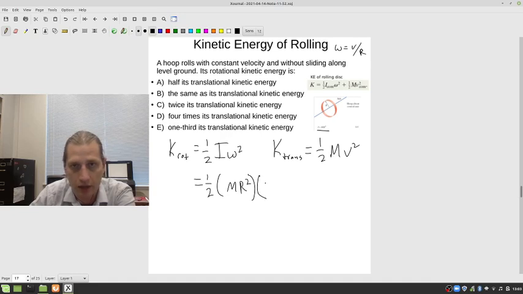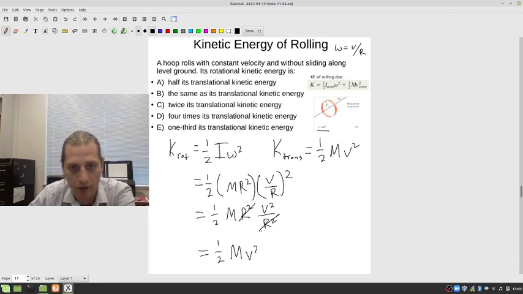So I'm going to put that in, v over r, and we're going to square that. So this is 1/2 mr squared v squared over r squared. Notice that this r squared cancels out with that r squared, and for this particular case, this would be 1/2 mv squared. Now, that's your rotational kinetic energy.